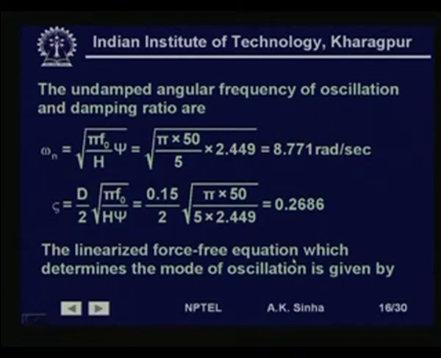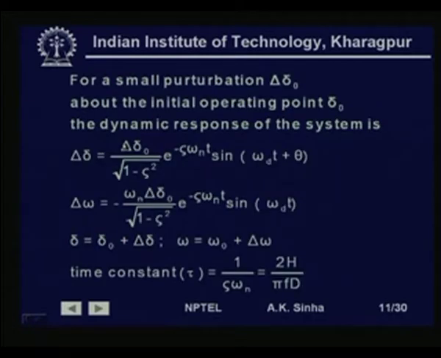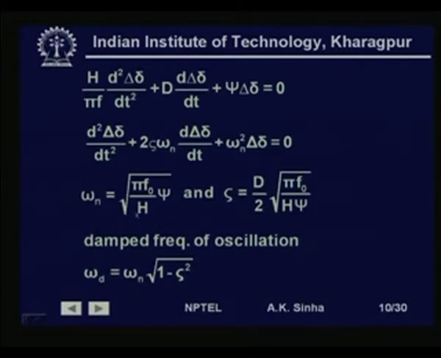The undamped angular frequency or natural frequency of oscillation and the damping ratio, that is omega n and zeta, we can calculate as we had seen from these expressions earlier. Omega n is given by this and zeta is given by this expression.